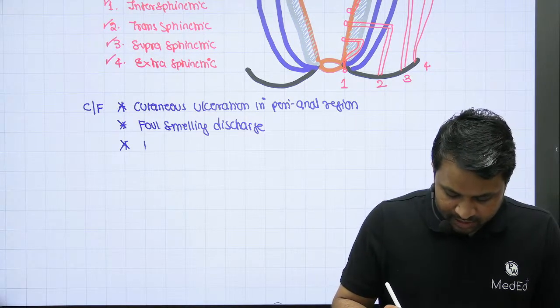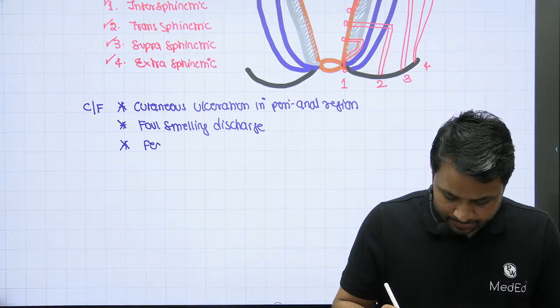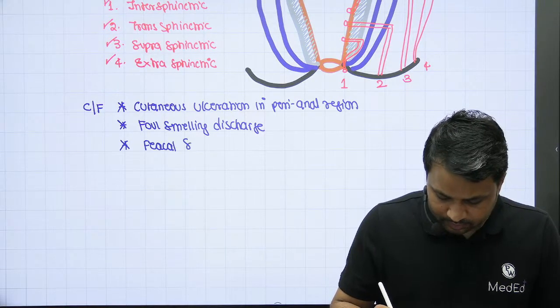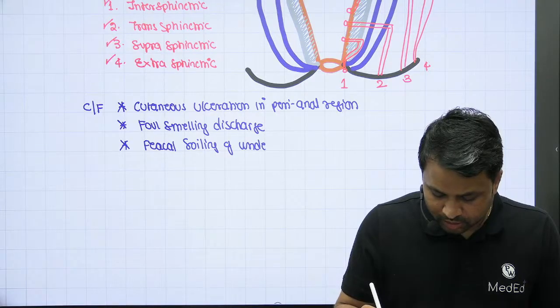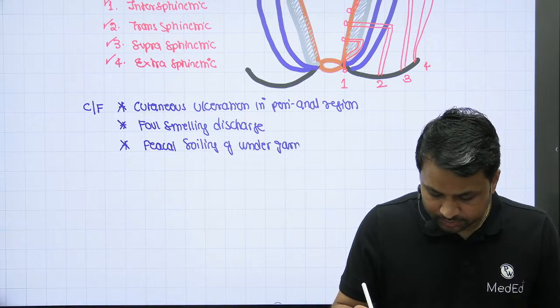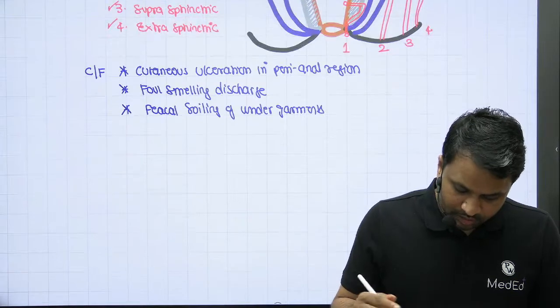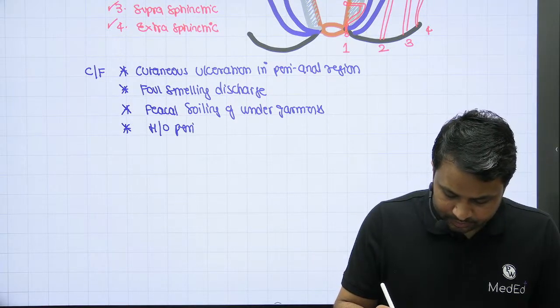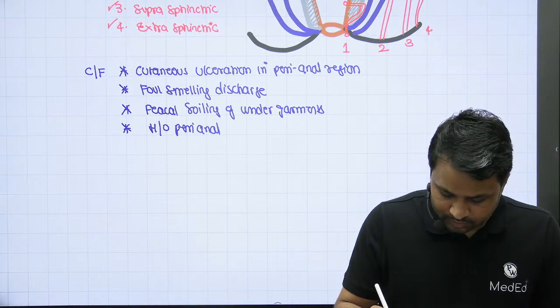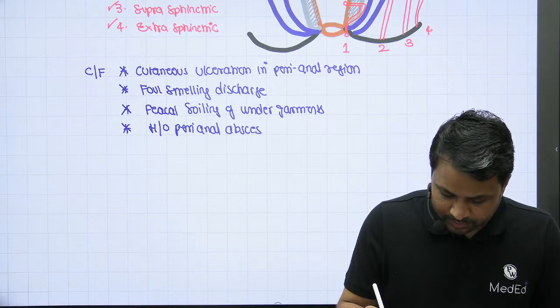There will be fecal soiling of the undergarments. And there will be a history of perianal abscess.